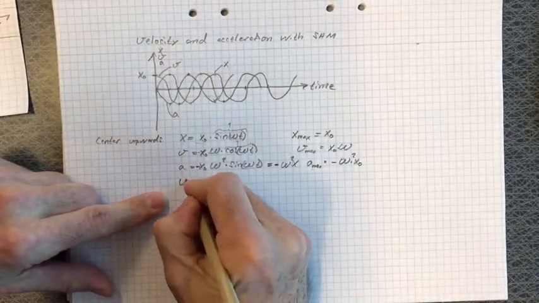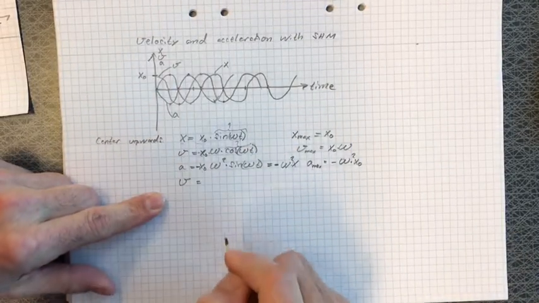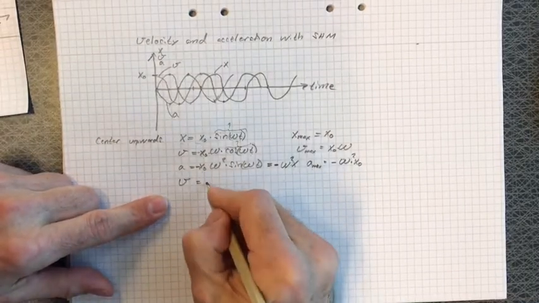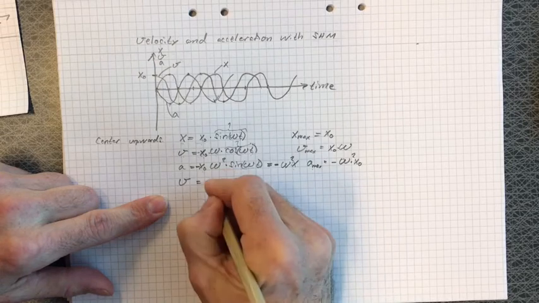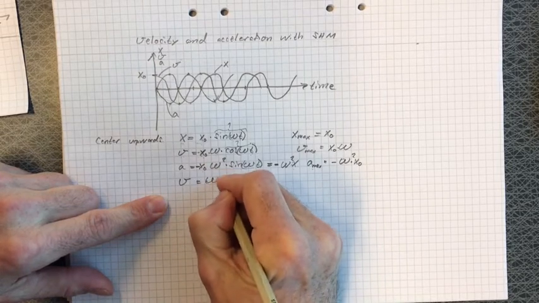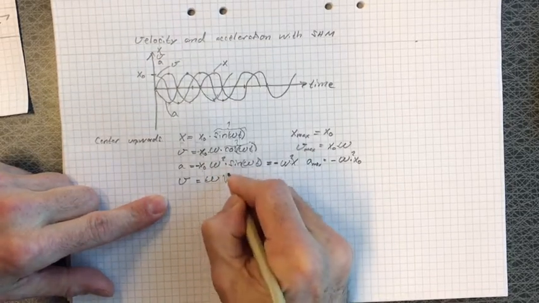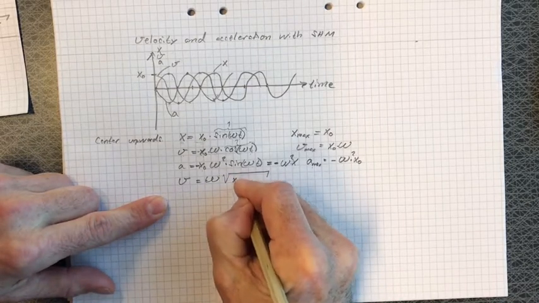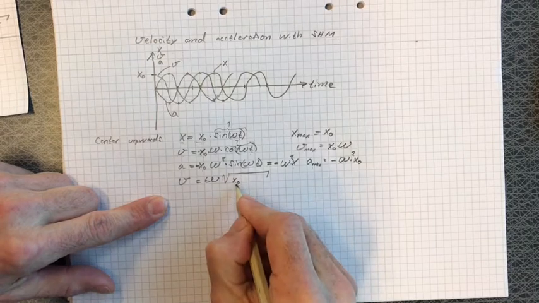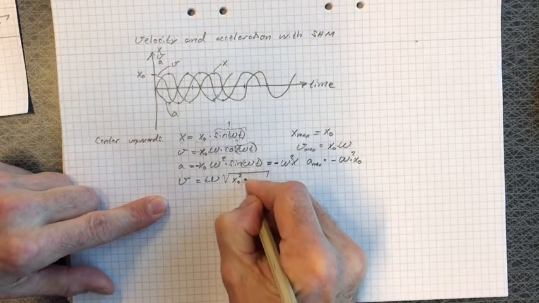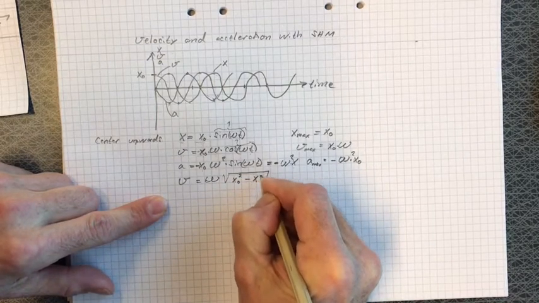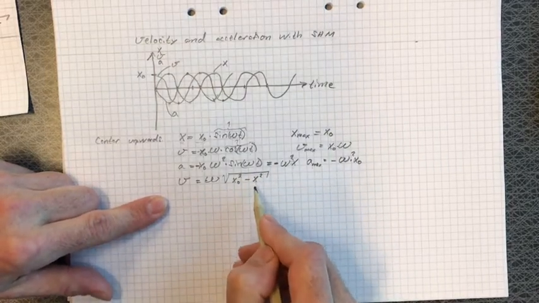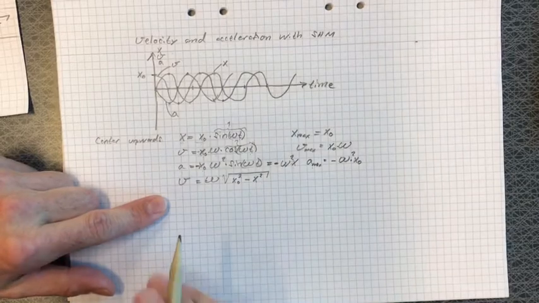But there is another way to calculate the velocity. And that is, you take the angular frequency and you multiply it with the square root of x0, the amplitude, squared minus the displacement in that exact moment where you want to find the velocity.